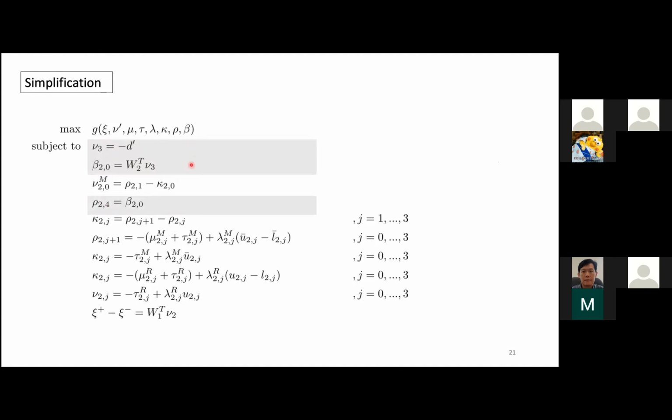Okay, here we get a rho from the constraint, and then we want to use the rho to get other dual variables. So the first thing is that we want to know the constraint which is related to rho.